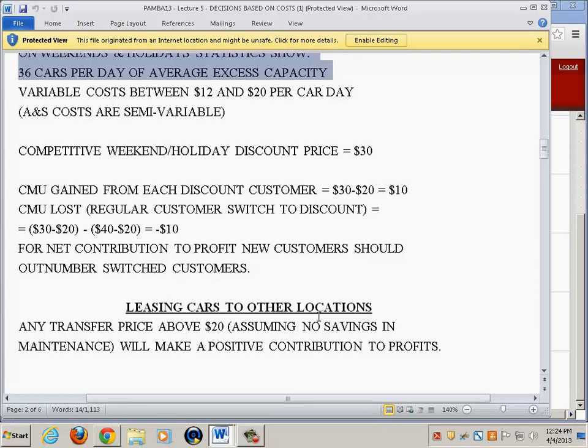Now, putting in more capacity to meet peak demand is expensive. You have to put all the electric grid together and so on to have enough supply of electricity.